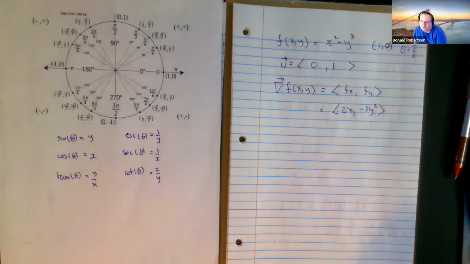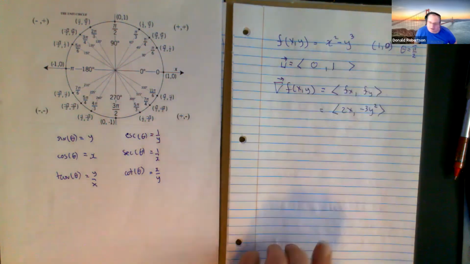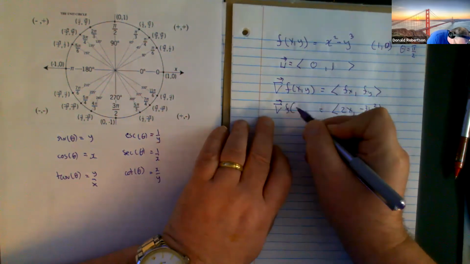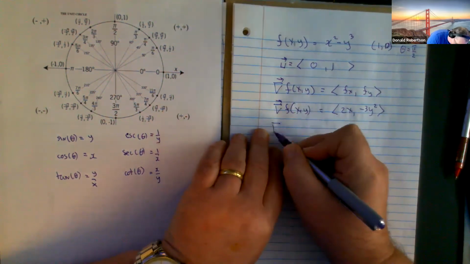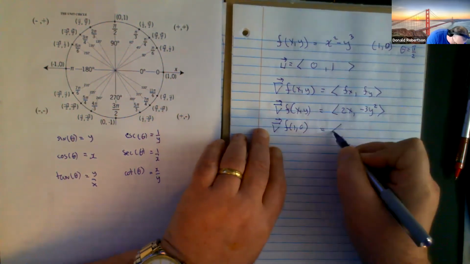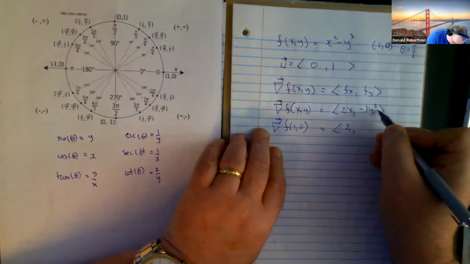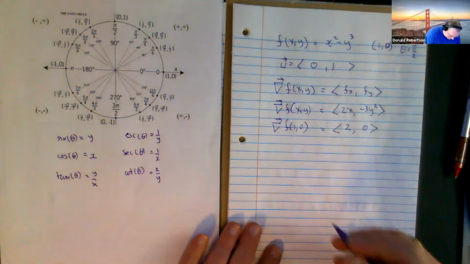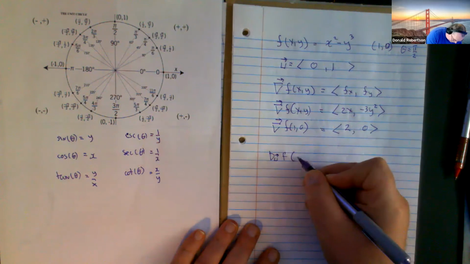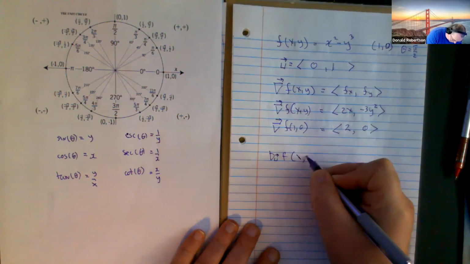I told you I wanted a weird answer, so it's not changing anything I've done, right? Because I haven't used that yet. And so we have that fella. And so if you find it at 1, 0, you get 2 times 1 is 2, and that gets you 0.